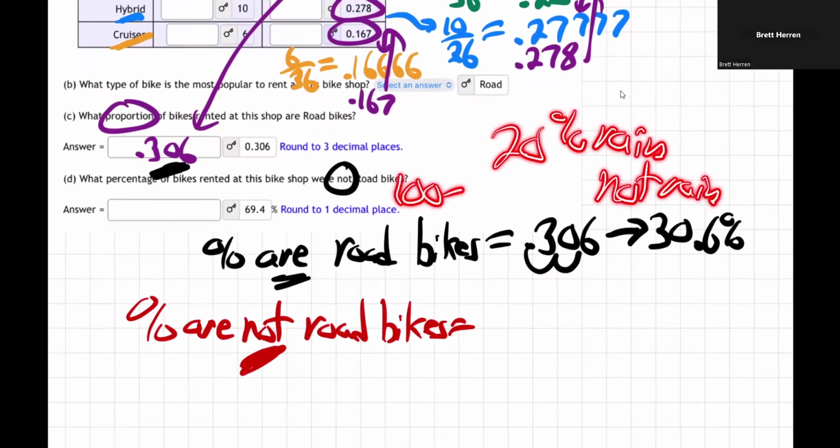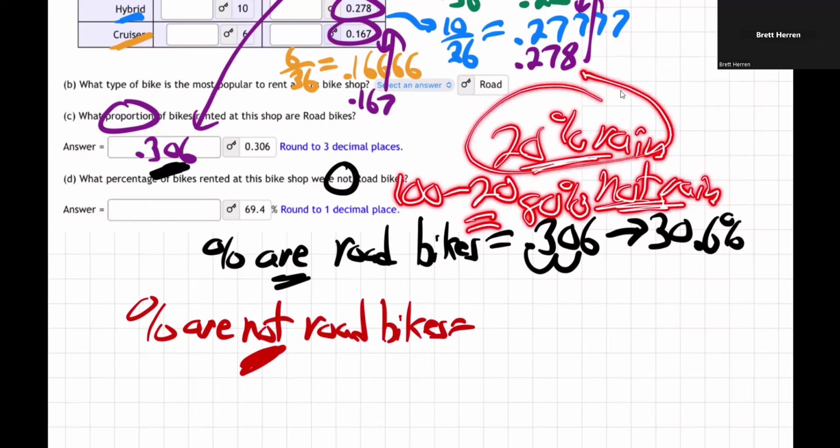You'd have to take 100 minus 20, and you'd get 80% chance it's not going to rain, right? So whenever we talk about a not, we have to subtract from 100. So that's how we handle not.